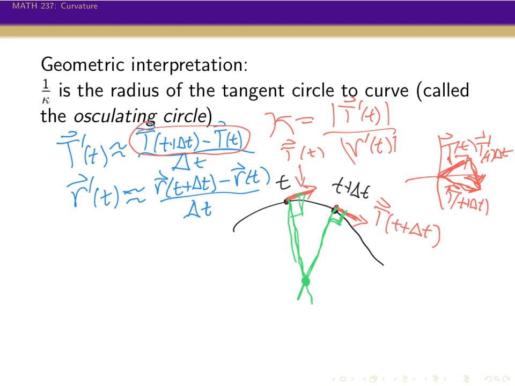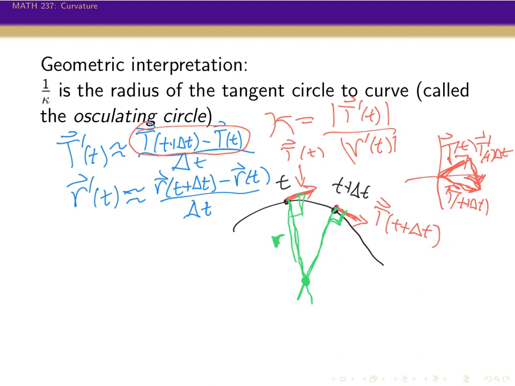And this is a fact from geometry that this is giving me the radius of a circle between the two points. And so this is going to be my radius. Let's just call it r.